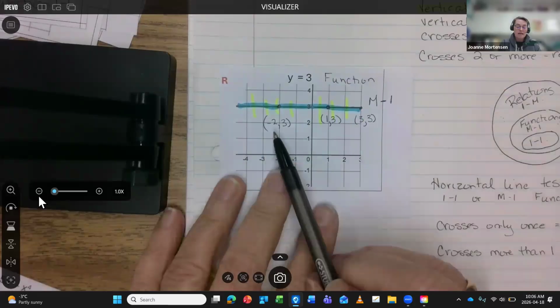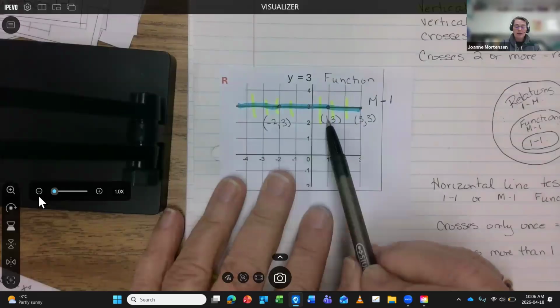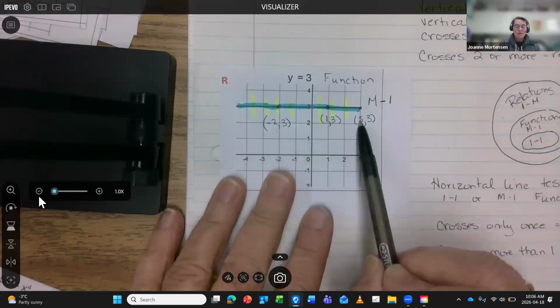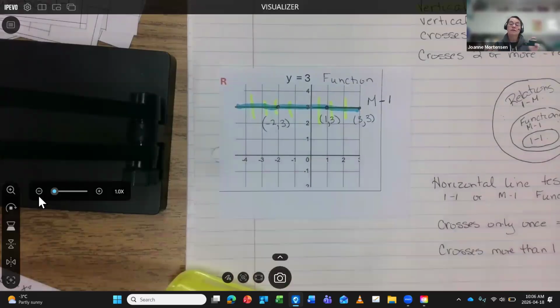I have many x's, so minus 2 and 1 and 3 that match with one y, which is 3 and 3 and 3. So you can always do that kind of double check. Or you can just have a really nice formula sheet where you write this down. You draw yourself a nice little horizontal line and you go, yep, many to one. It's going to solve probably only one of your questions, but hey, let's get it right if we can.